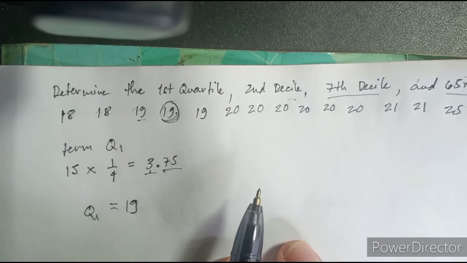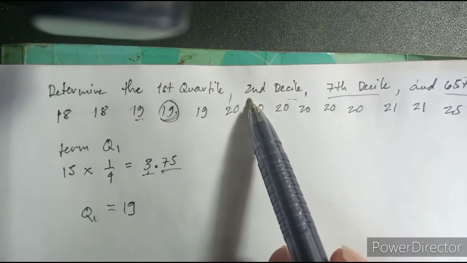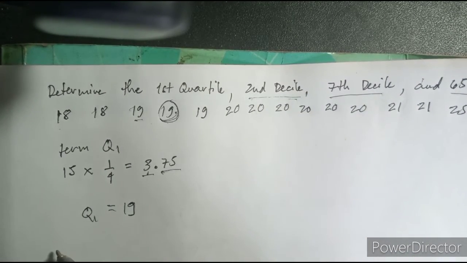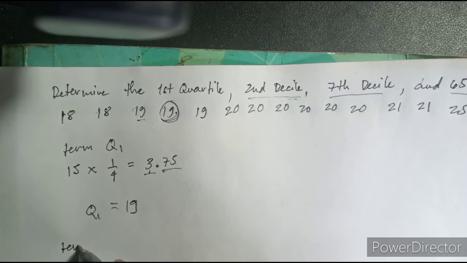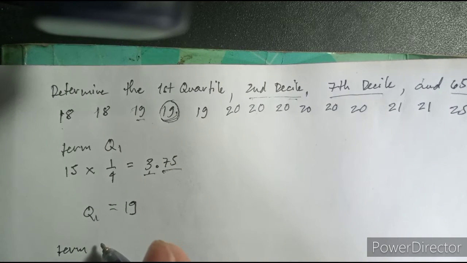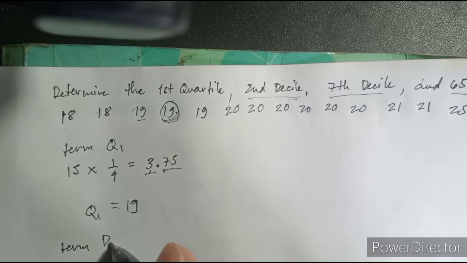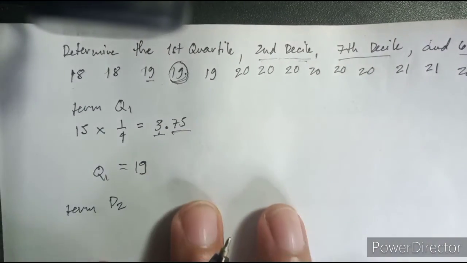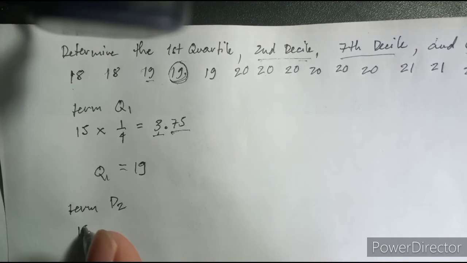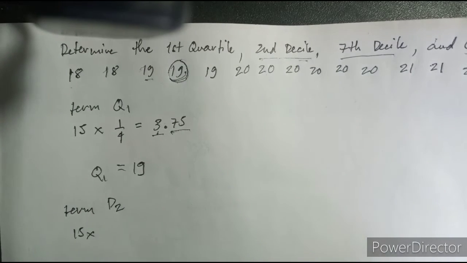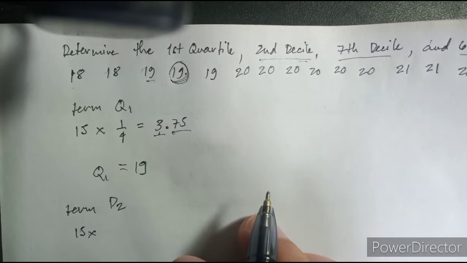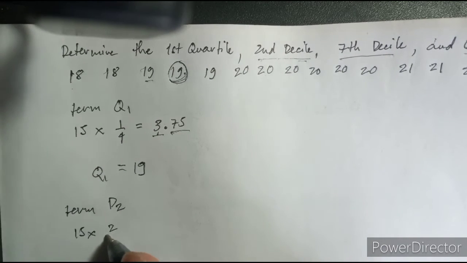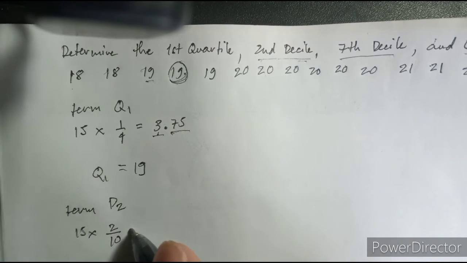Now for the next one, we are going to get the second decile. Same step: we get the term for the second decile. We have a total of 15 times the second decile, which is the second tenth, so 2 out of 10.